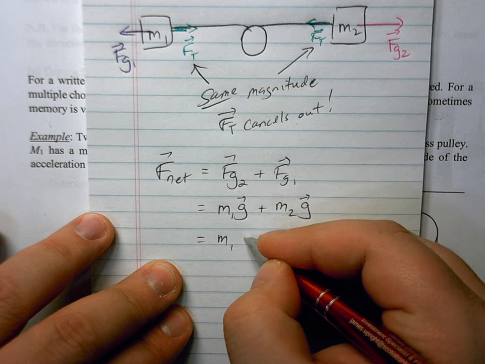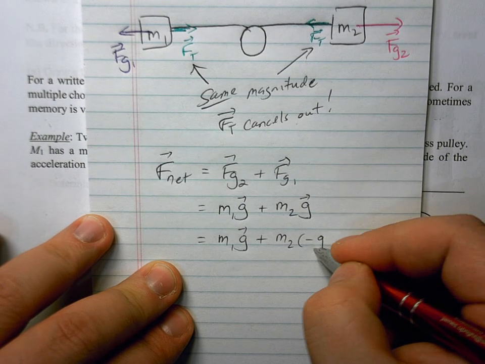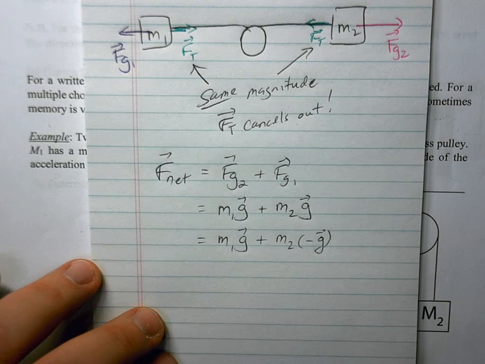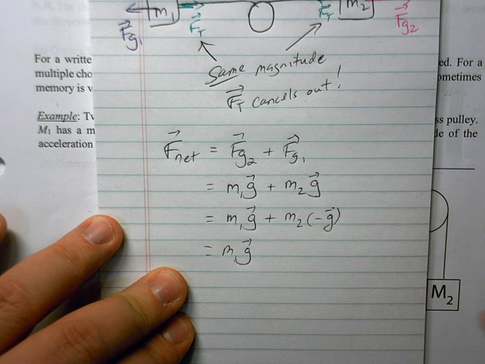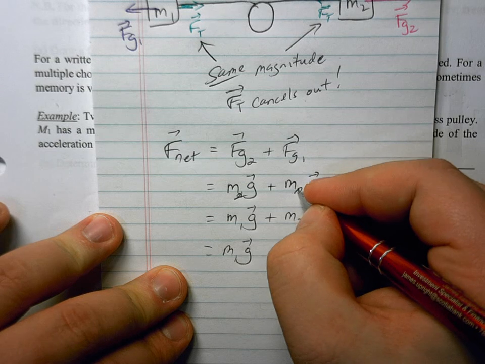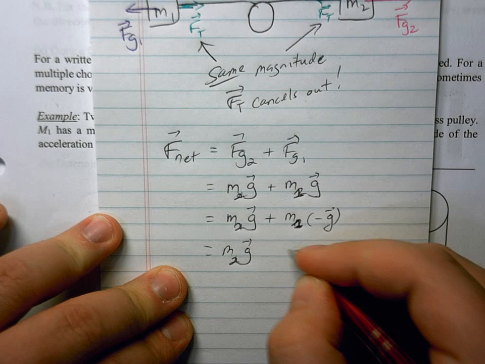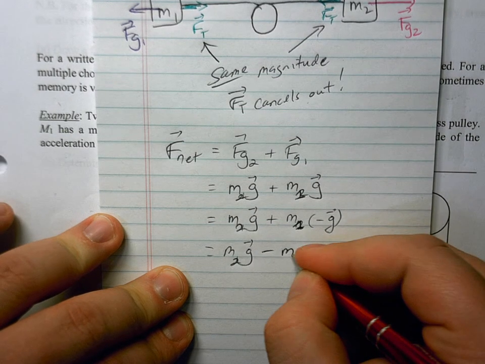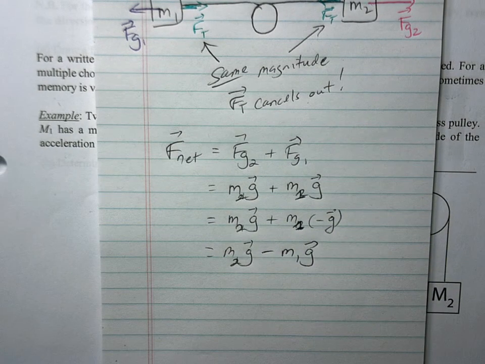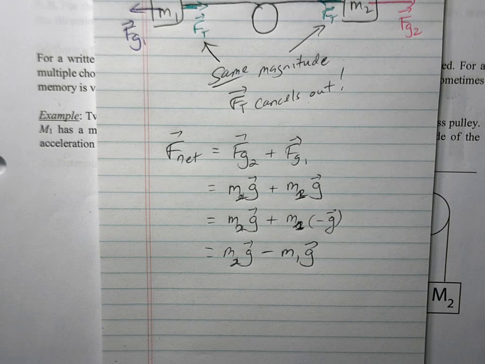So we'd have something like M1 times negative g plus M2g. Realistically, we're going to get something that looks like this. This should be M2, M1, M2, M1, my apologies. And then we get M2g, and then instead of having the minus here, let's bring it out front. So we're going to get M1g. This is another way that we can get the net force for the Atwood's pulley.